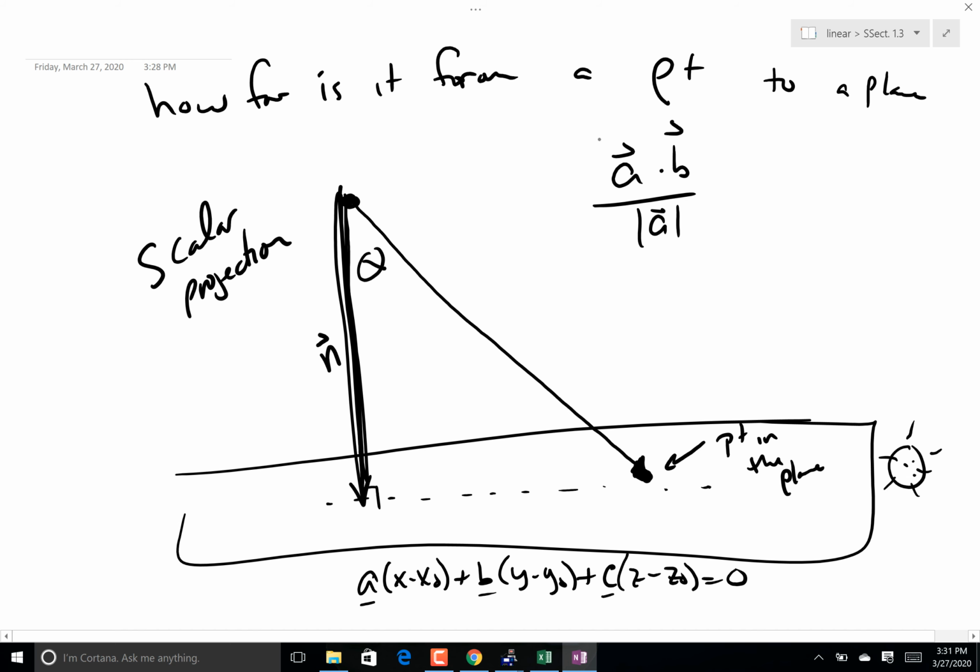And of course, this would be an absolute value because the dot product could, in theory, be negative. So it's the dot product. And so this right here, if you look at it, you're like, oh, that's kind of neat. Well, what is this? One of those guys is the normal vector, yes? That makes sense? One of those is the normal vector, and this is also then the normal vector.